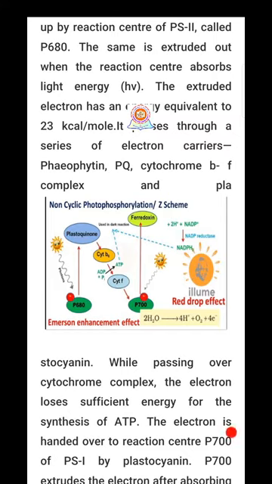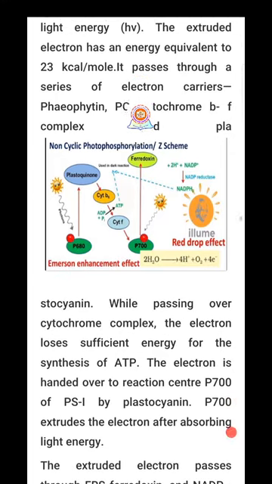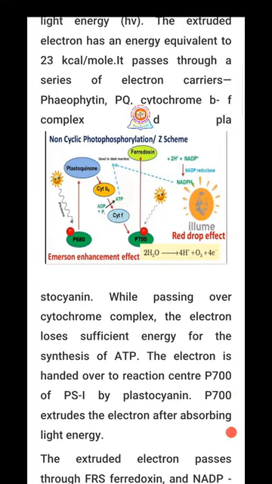When the electron comes to the cytochrome complex, a sufficient amount of energy is lost by the electron. Why is the energy lost, or what is the use of that lost energy? That energy is used to prepare ATP.